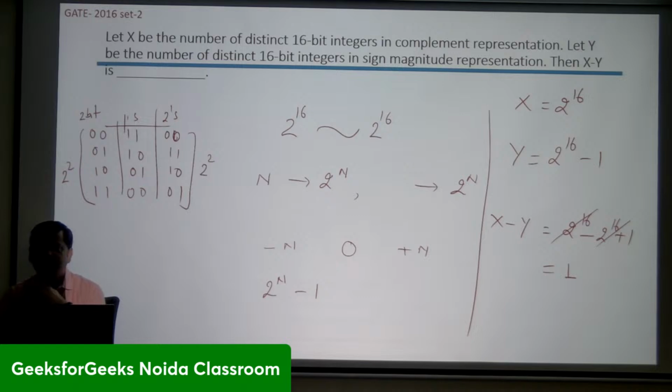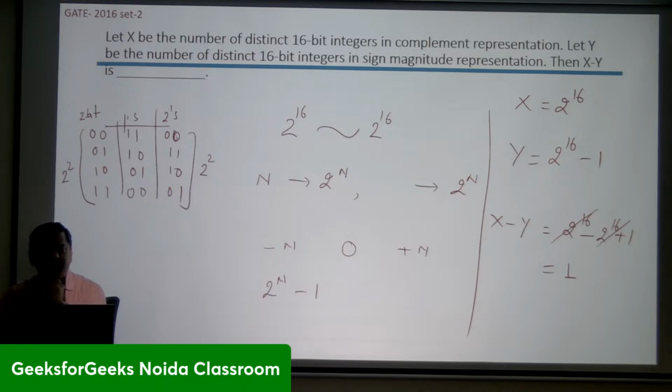For signed numbers, you have to care about the 0. Your 0 is neither representable as negative nor positive. So the total number of appearances is going to be 2 to the power 16 minus 1, or 2 to the power n minus 1. Then you can simply subtract: 2 to the power 16 minus (2 to the power 16 minus 1) is plus 1, and the answer is plus 1.